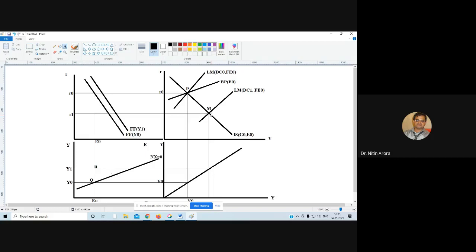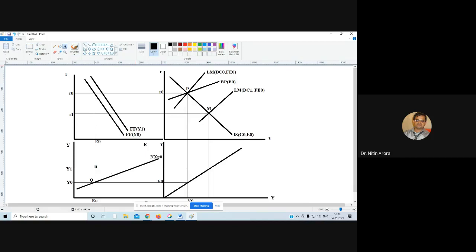When exchange rate is fixed, we can't shift the balance of payment curve to right. There will be huge deficit in balance of payment. This deficit now will be financed. Obviously this deficit has to be financed because ultimately equilibrium will exist when balance of payment is in equilibrium.